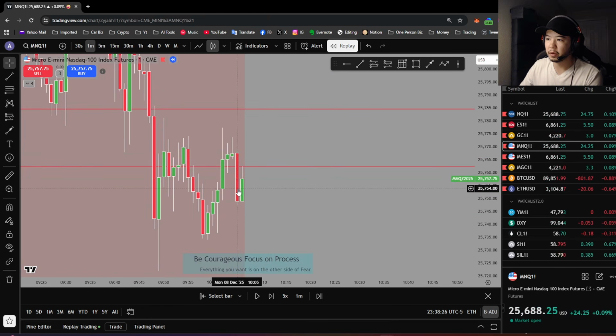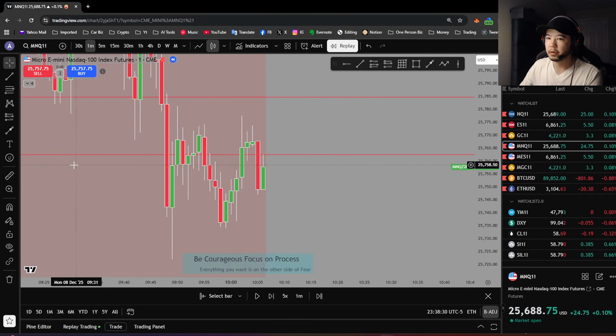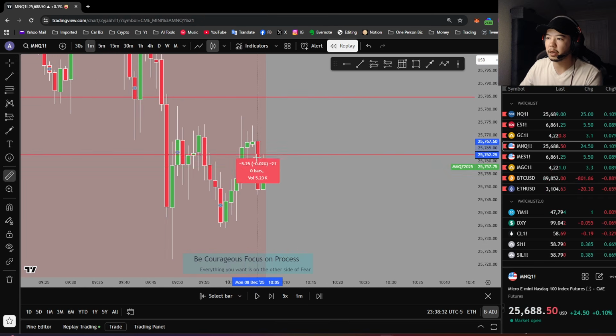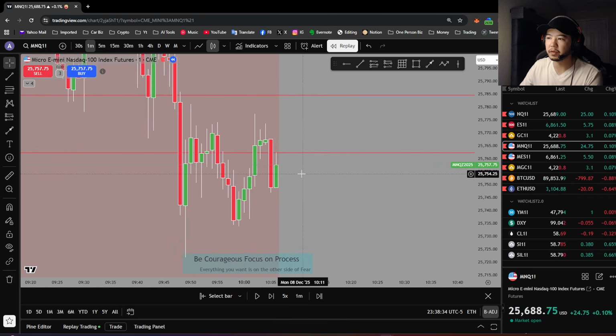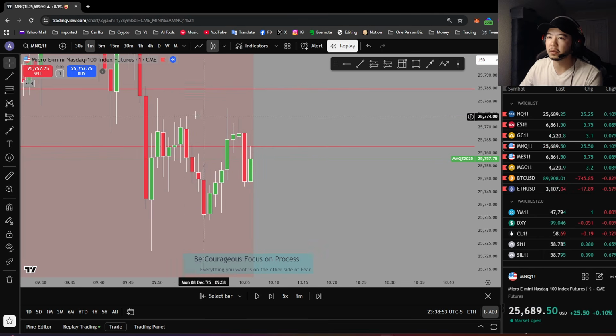When we close below it, if you get a huge wick like this, if it's over 50 ticks or something, and the price gives you this very clean flow, you can always set a limit order around the same line, or just wait for it to come and touch it again.